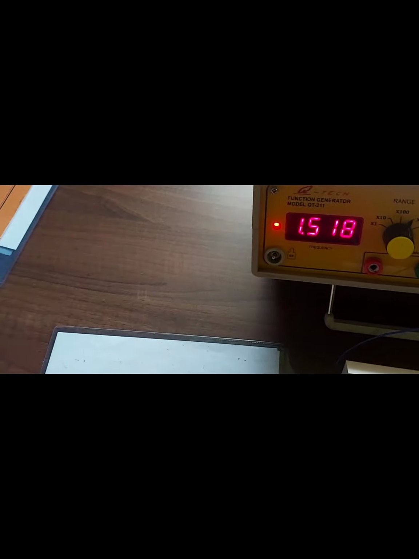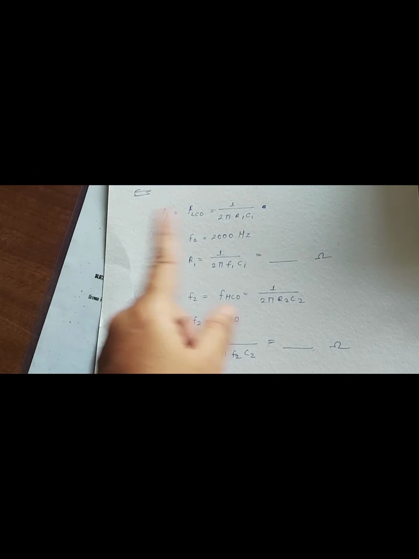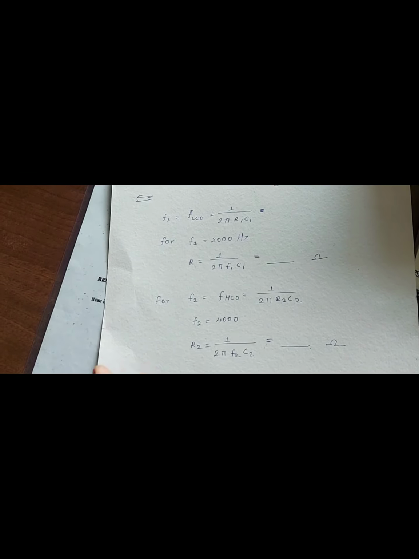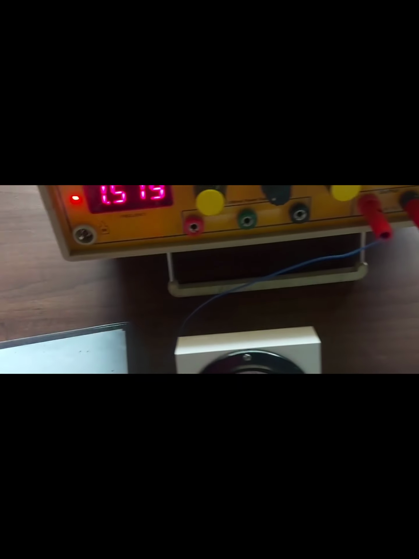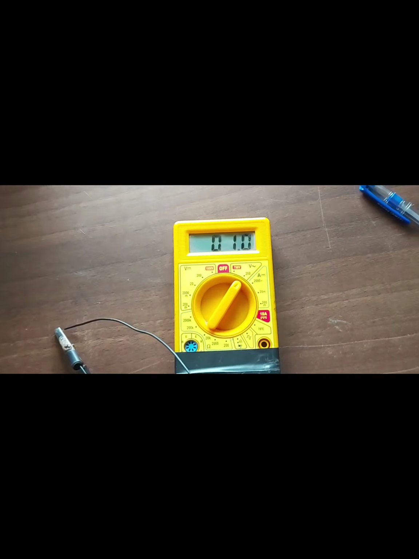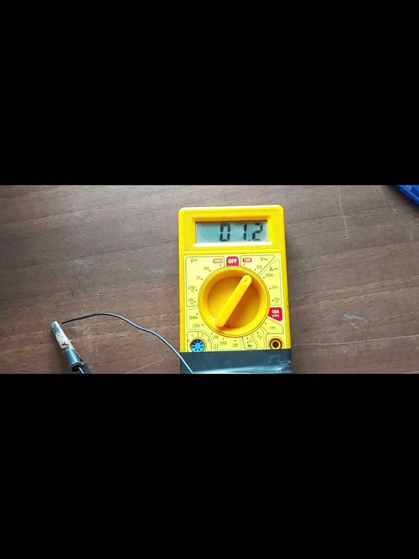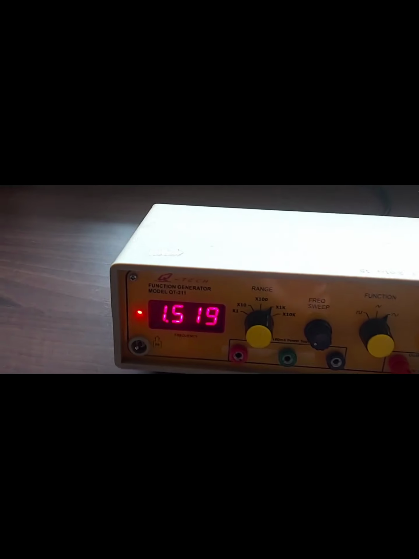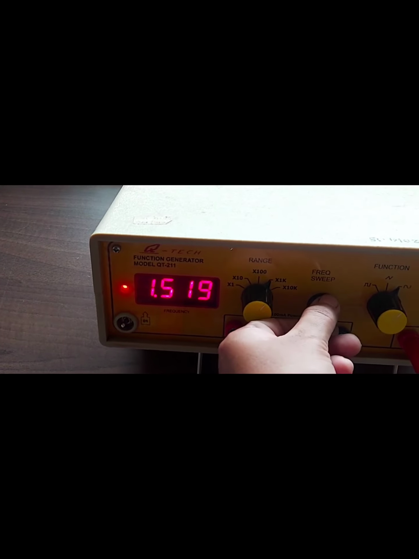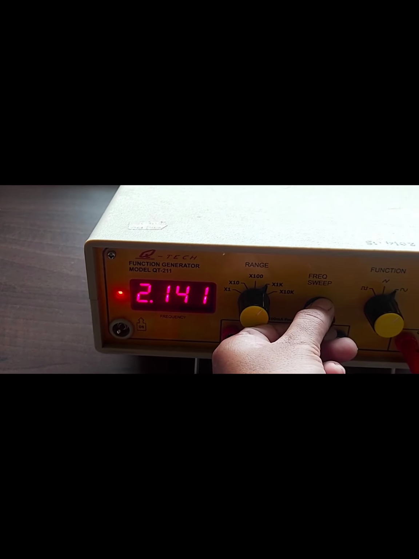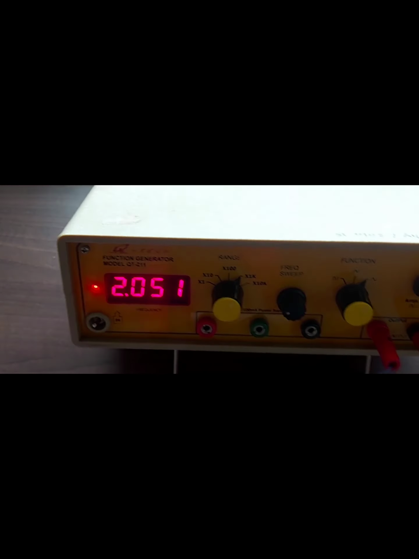Because we have selected the frequency range F1 which is 2000 and F2 which is 4000. That is why it is better if we go smoothly. 1.2 volt. Then for 2000, 1.3 volt.